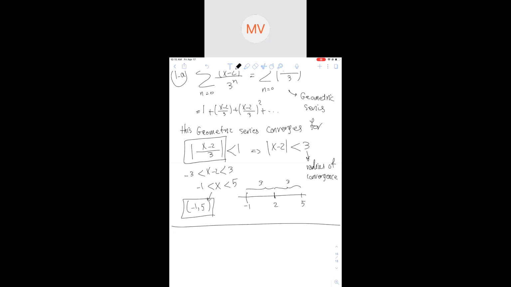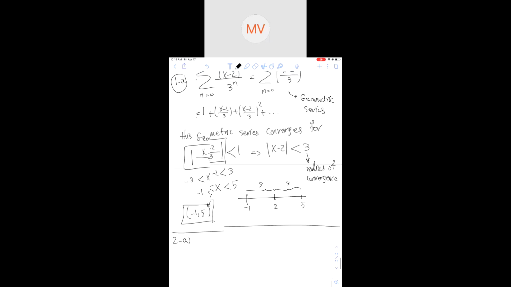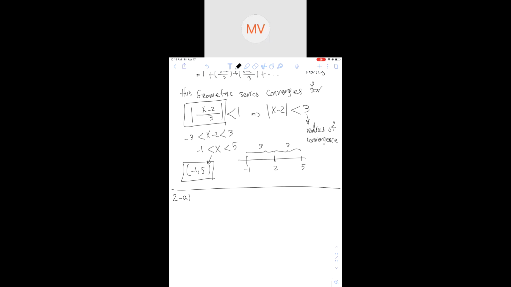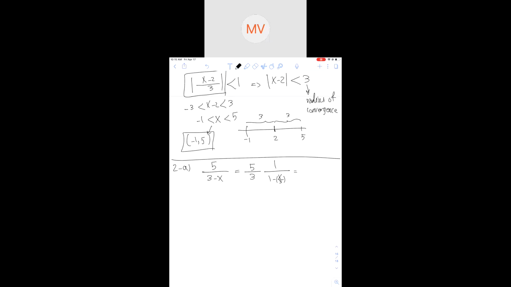Question now. 2a, we want to find the power series for this guy. Okay. And the power series for the geometric 1 over 1 minus x is given. So this is what we do. We factor 5 and 3 out of the denominator. Doing that, we get 1 over 1 minus x over 3. Okay.